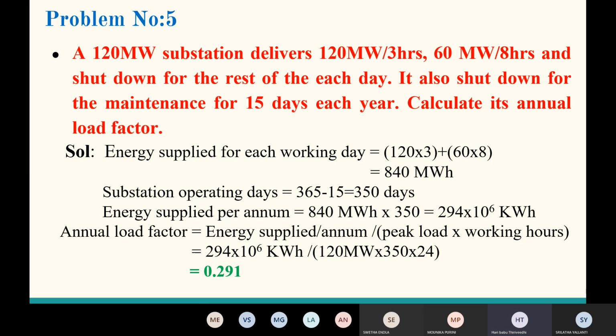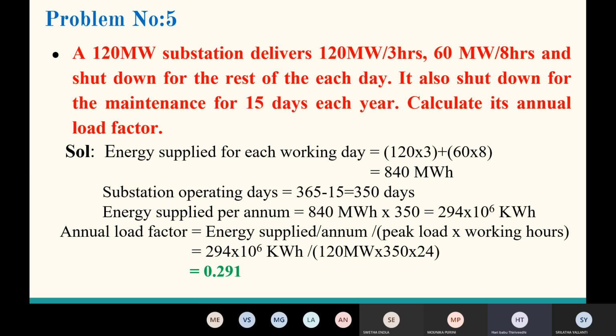294 into 10 power 6 kilowatt hour. Why I am taking kilowatt hour: actually multiplying 840 into 350 gives 294,000, with 3 zeros.